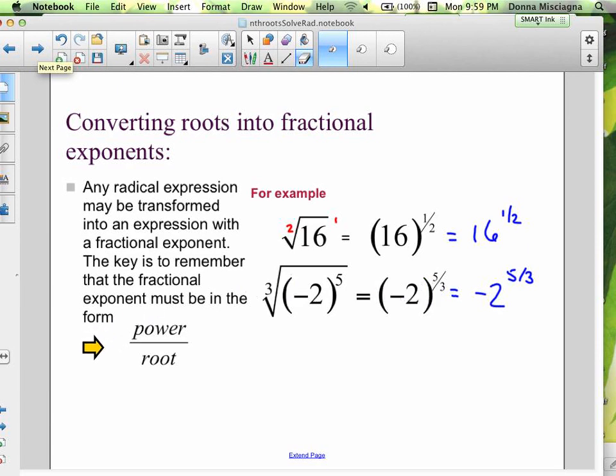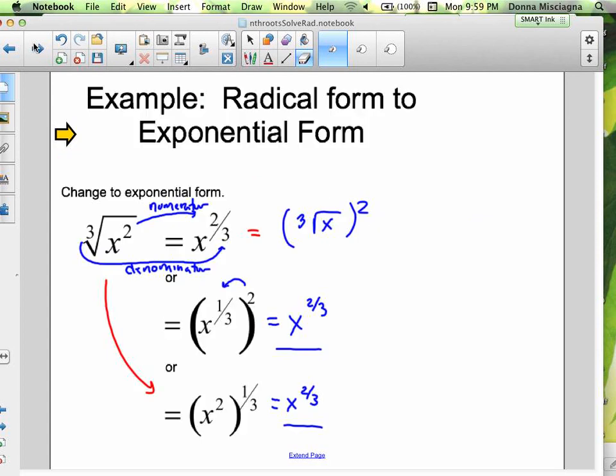That's going to be a negative number no matter what. So now we've learned how to convert roots into fractional exponents. And we can go the other way. Here are some more examples. We are going to go the other way, but not yet.